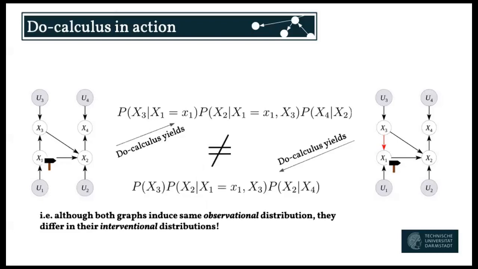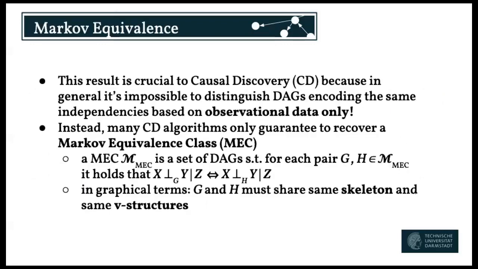So it follows that the observational distribution doesn't change, and purely observational data isn't enough to fully recover the causal graph, at least in general. You can make certain assumptions that still make this possible, and we will see that. But in general, you cannot identify the full causal graph just by observing.